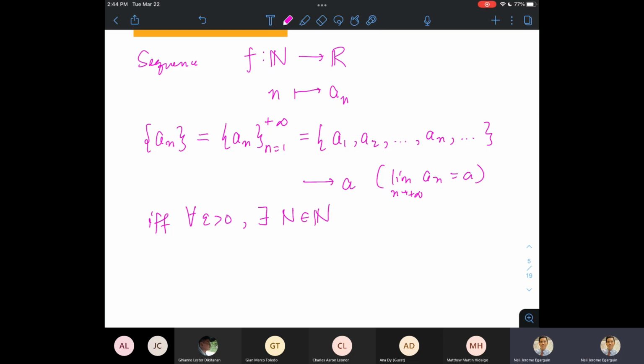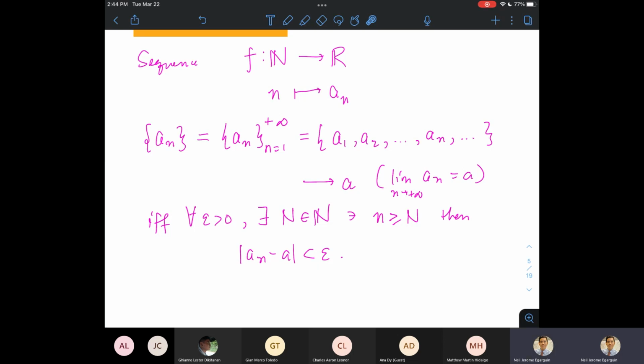Or a natural number capital N, such that whenever the index little n is greater than or equal to N, then we have this inequality. Okay? So it is saying that however small your epsilon is, you can always find a starting index after which the distance between the terms in the sequence and the number A is less than epsilon.